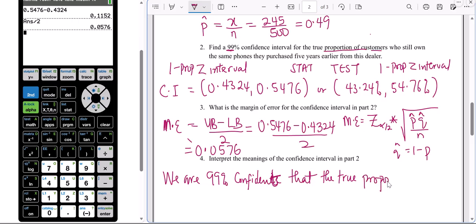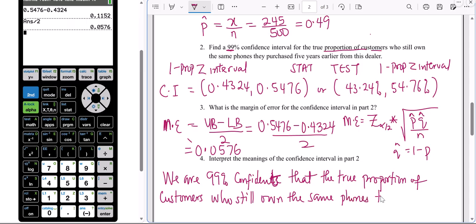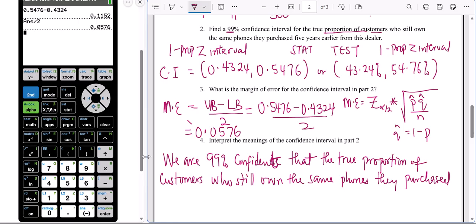that the true proportion of customers who still own the same phones they purchased five years earlier from this dealer.